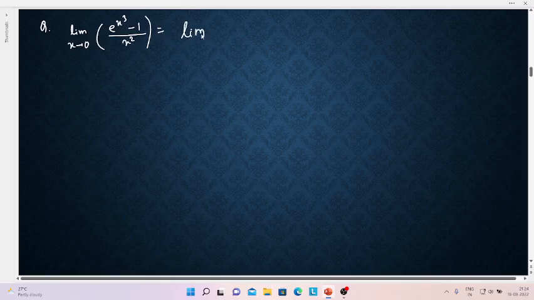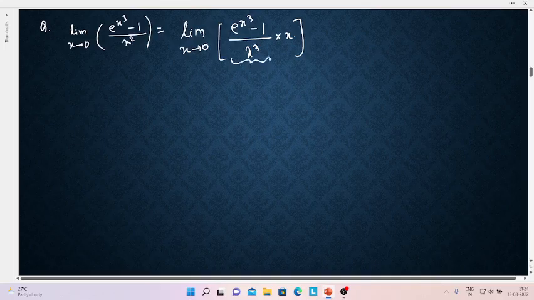That is very difficult to solve, so I have to use the formula. What we can write is limit x tending to 0 of (e to the power x cube minus 1) upon x cube times x, right? Basically you can see there are two functions: one is (e to the power x cube minus 1) upon x cube, and another is x only.